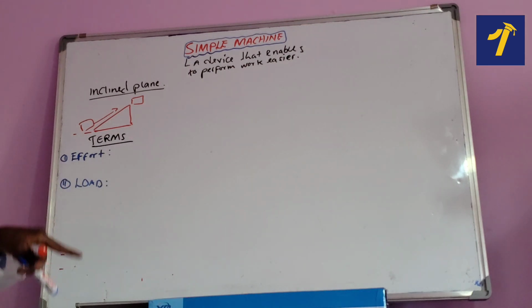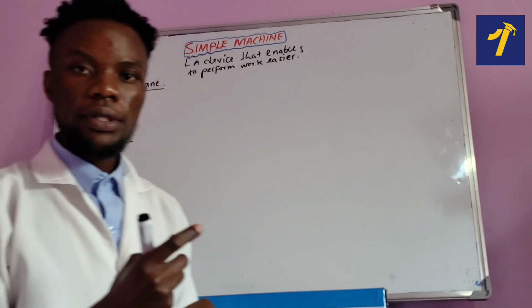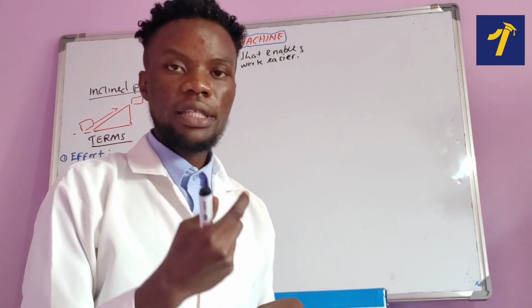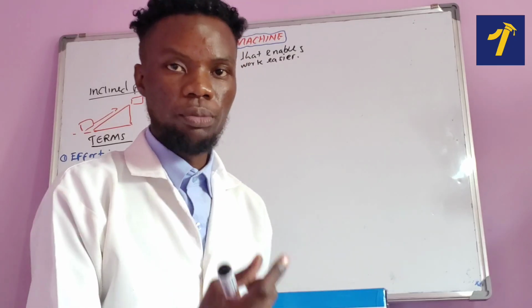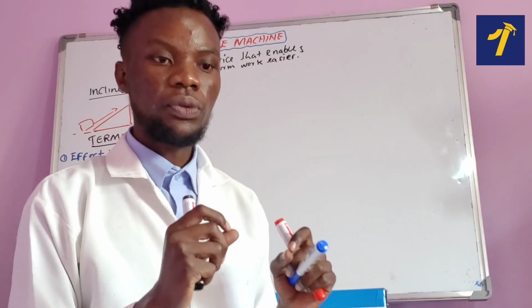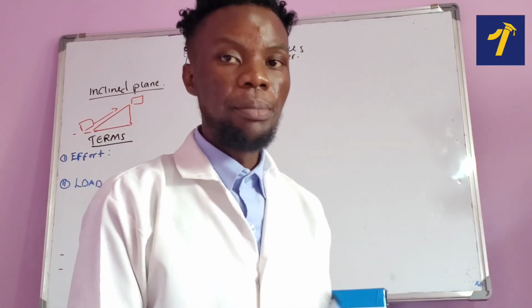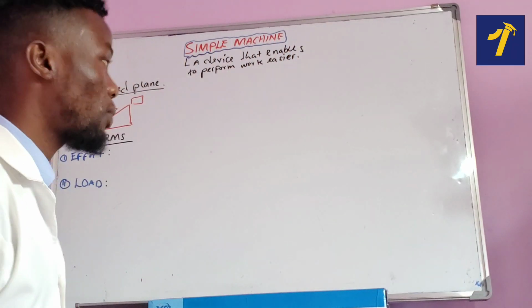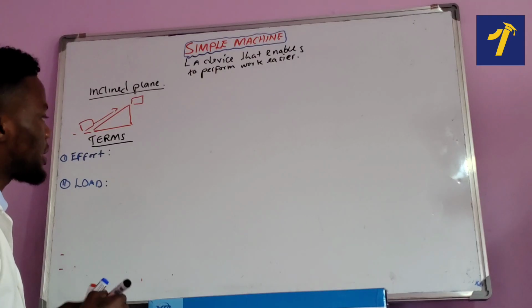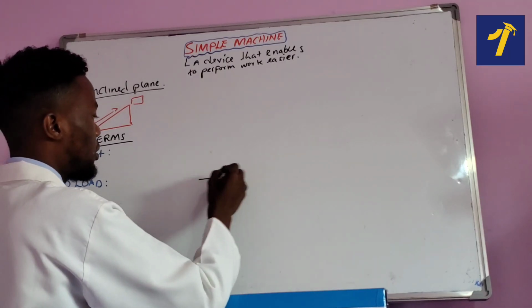Effort is basically the force exerted on an object. That's what we call effort. Whenever someone is applying force to an object, we are going to call that force effort. A good example that I can give is this one.